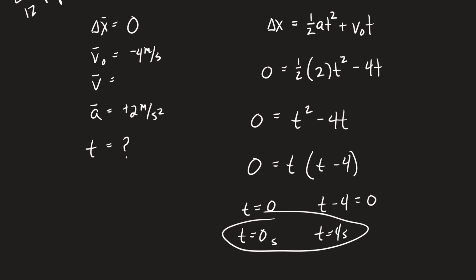It helps ensure that you're getting the right answer. Because if you did this and got, say, two positive numbers, you might be confused as to where that came from. So it's often best, if you have a quadratic, to find the two roots. So also, when you divide out a t here, you're dividing by 0, and that's not allowed in math, which is why you have to do it this way.